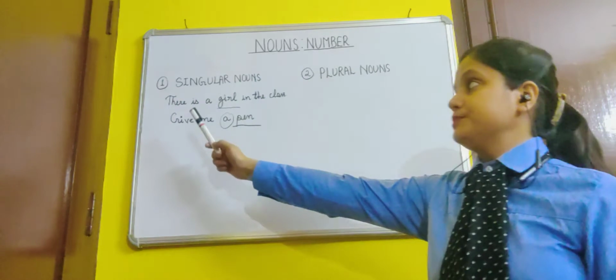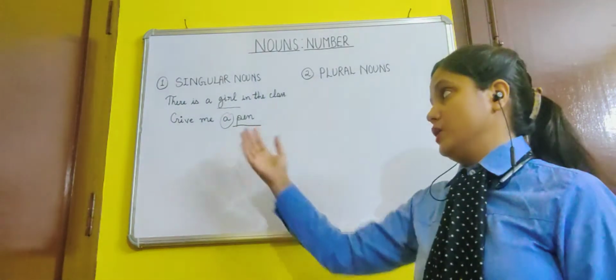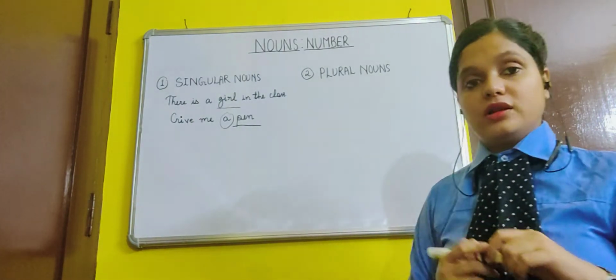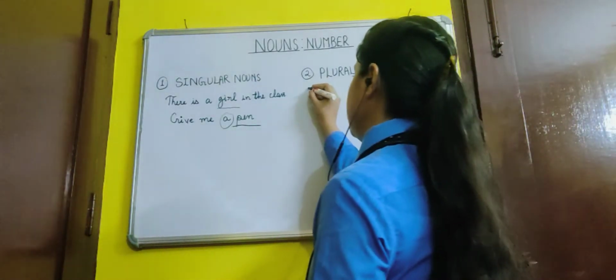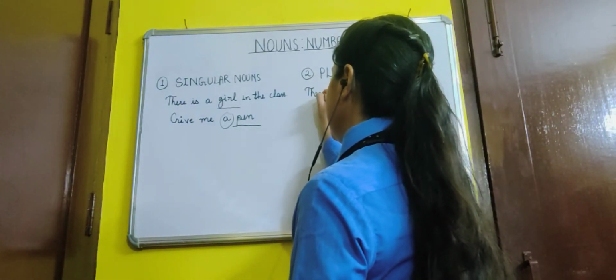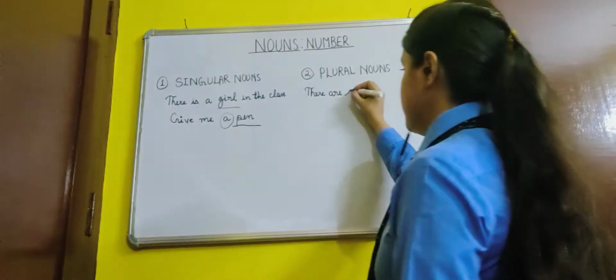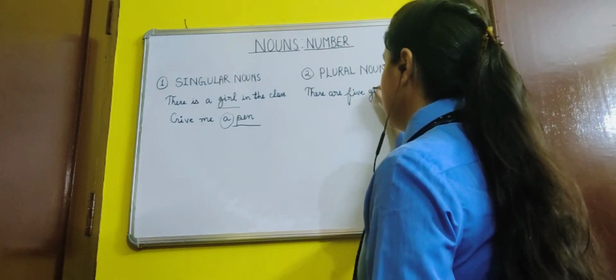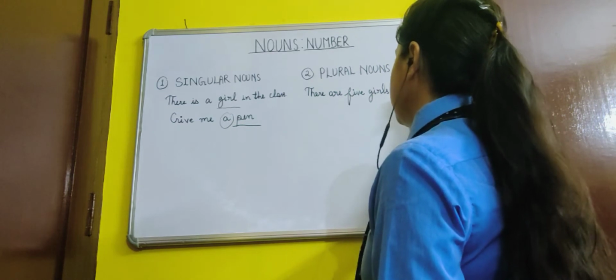If I want to mention only one girl, I use the singular number of noun. But if I want to say that there are more than one girl in the class, suppose there are 5 girls, I will say there are 5 girls in the class.